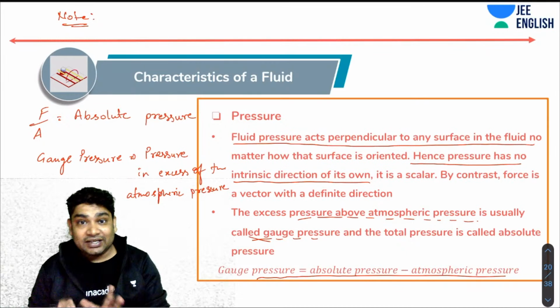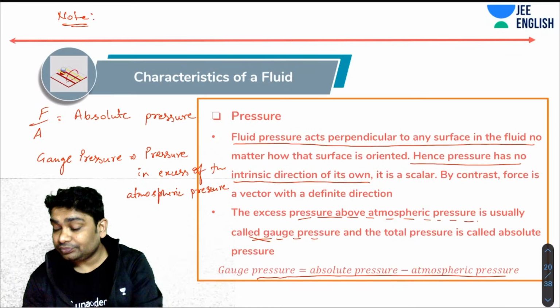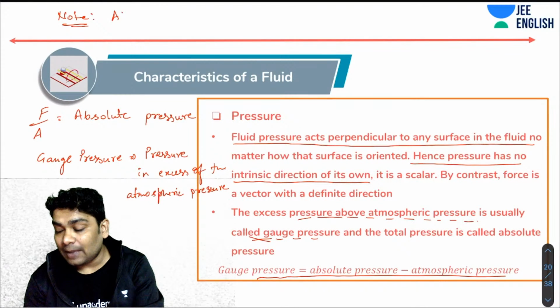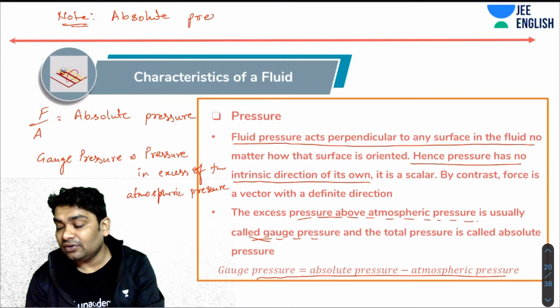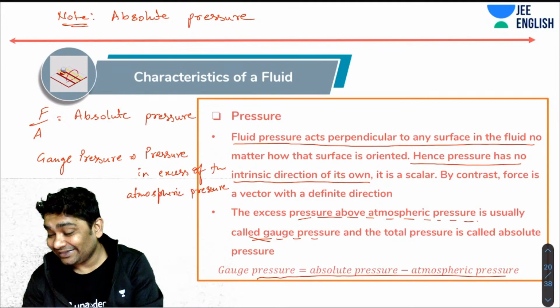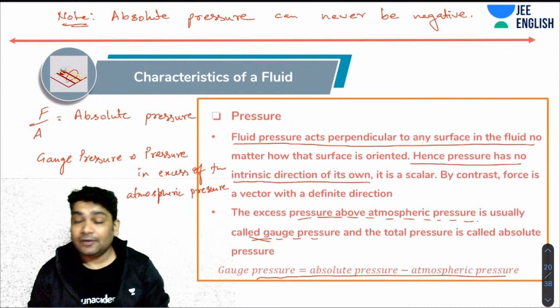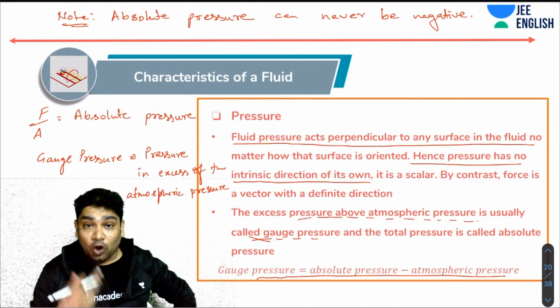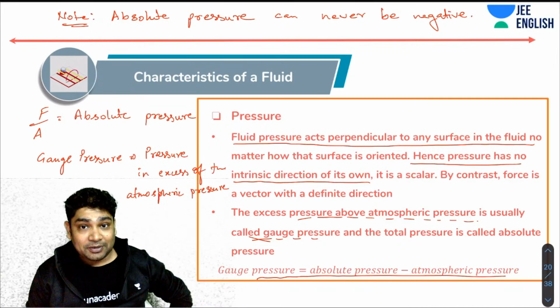Pressure is meant for a push only force, so please remember that. Negative would have meant a pull kind of force, right? Your absolute pressure is always positive. Your liquid will always push any surface which is kept in contact with it.